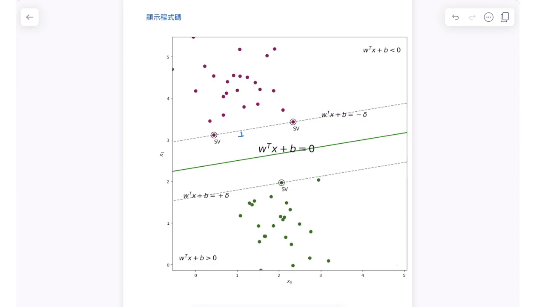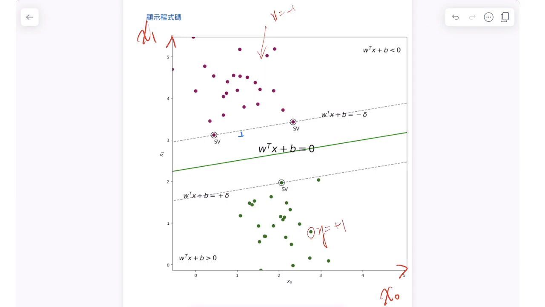So basically we have two features. Beware that there's no y in this space, because the color right here represents the y value.